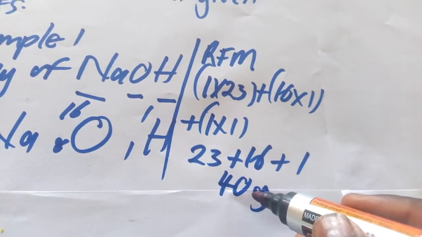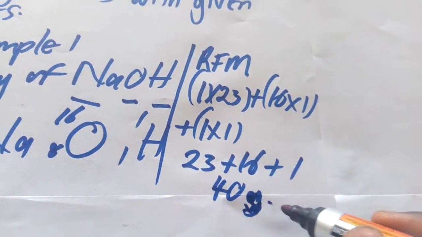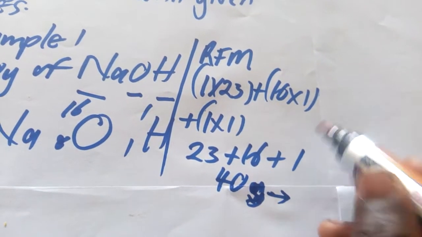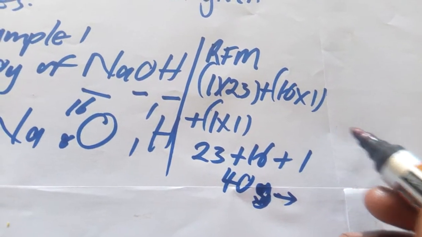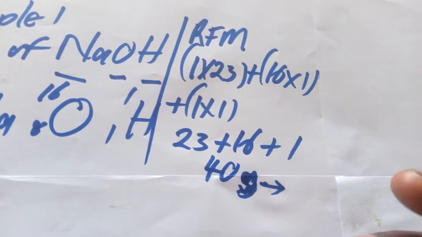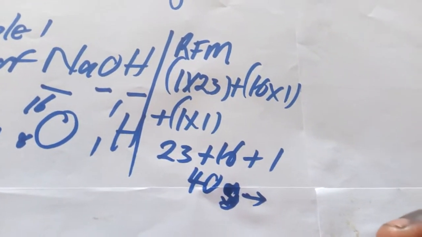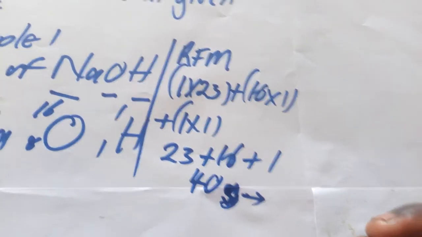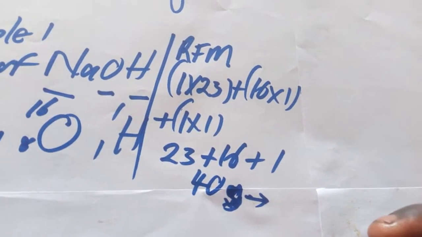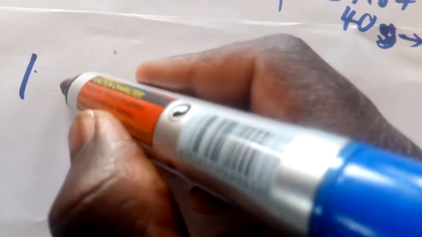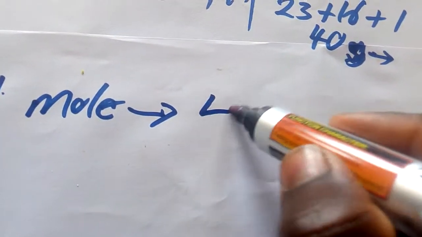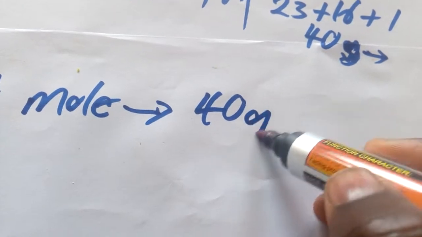Now don't put the grams here because the RFM is relative. Now if I have 40 grams, this is 1 mole, but they want us to find it in 100 grams. When I have 40 grams as my RFM, it implies it is in 1 mole. Meaning if I have 1 mole of a compound, it has 40 grams.